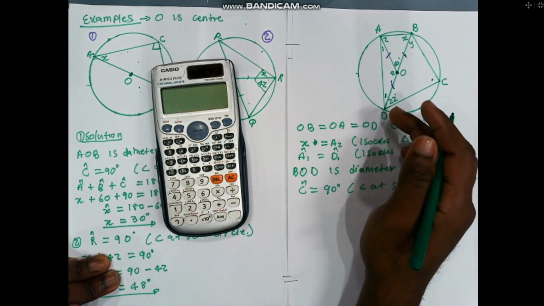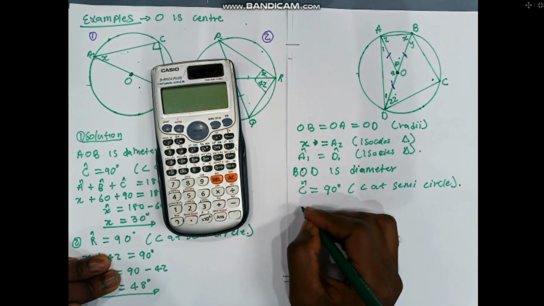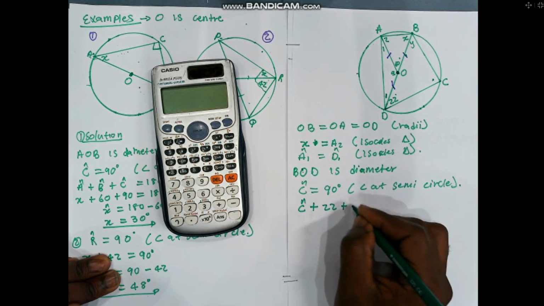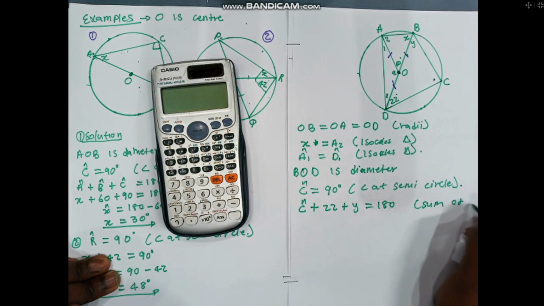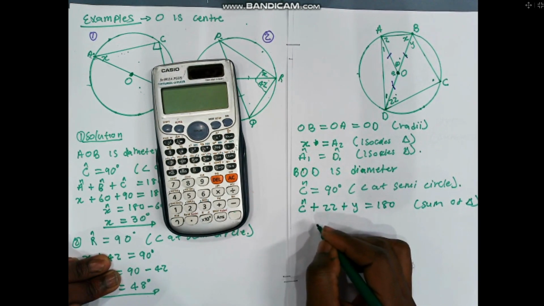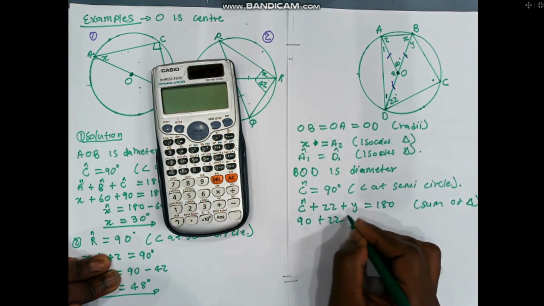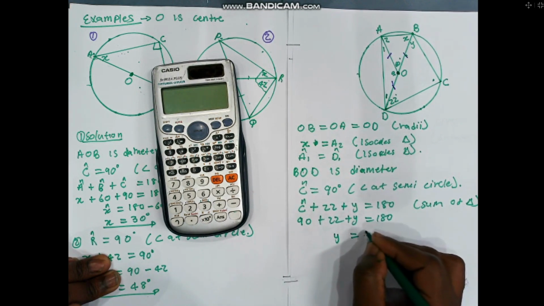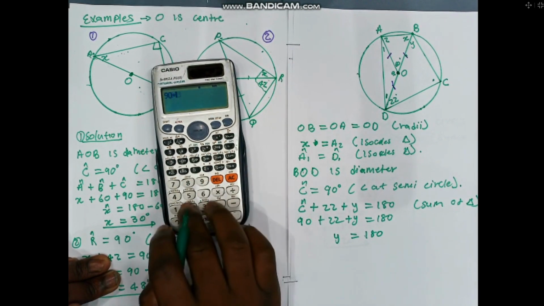Triangle BDC, it's a triangle, and angles in a triangle add up to 180. So angle C plus angle 22 plus angle y is equal to 180, sum of angles in a triangle. C, which is 90, plus 22 plus y is equal to 180, then y is equal to 180 minus (90 plus 22).